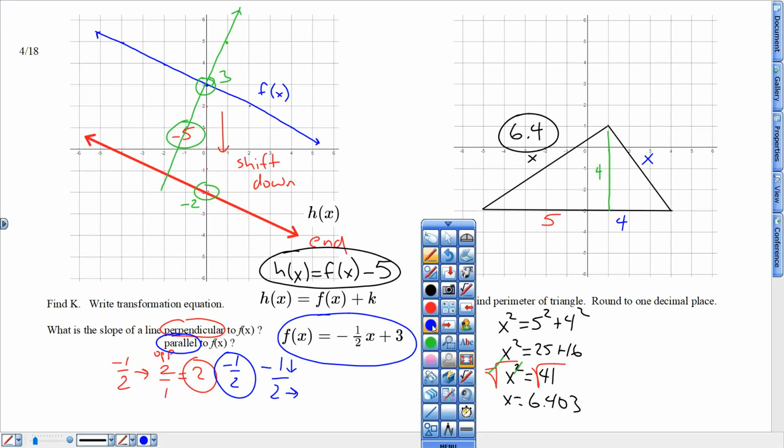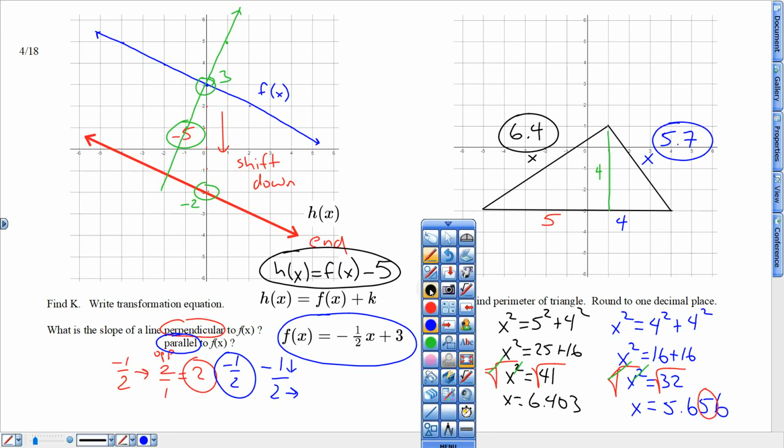To find the other one, x squared. And round that up.